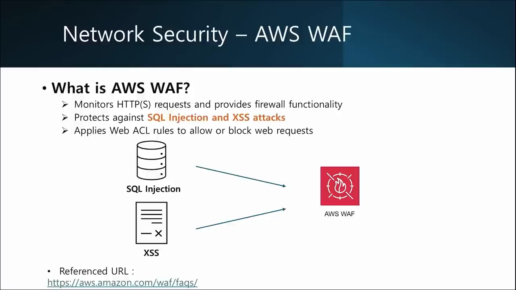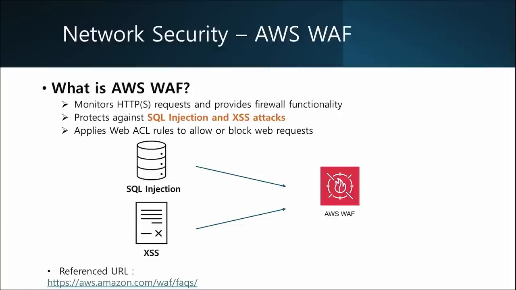Next is AWS WAF. AWS WAF is a web application firewall that monitors HTTP or HTTPS requests and provides firewall functionality. This helps protect your web applications from various attacks. AWS WAF protects web applications from SQL injection and cross-site scripting attacks.